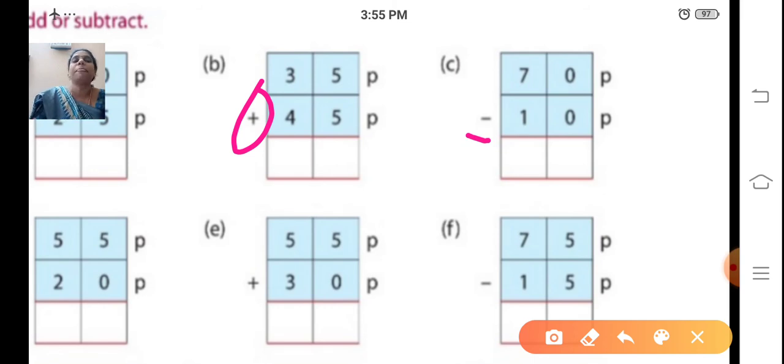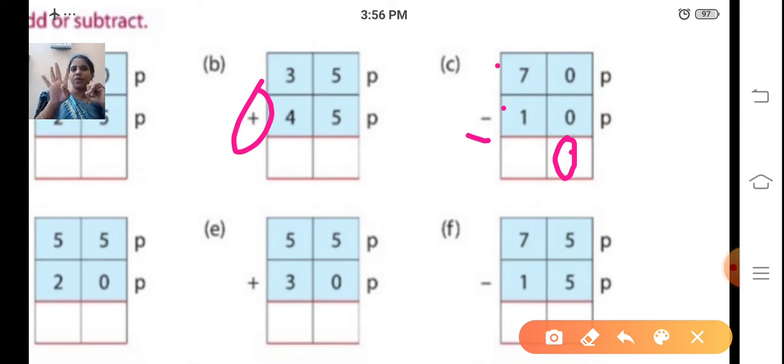Now, same way, see the sum 70 paise minus 10 paise. How to subtract these two? 0 minus 0 is 0. Then 7 minus 1. 7 in the mind, 1 on the finger. After 1, 2, 3, 4, 5, 6, 7.